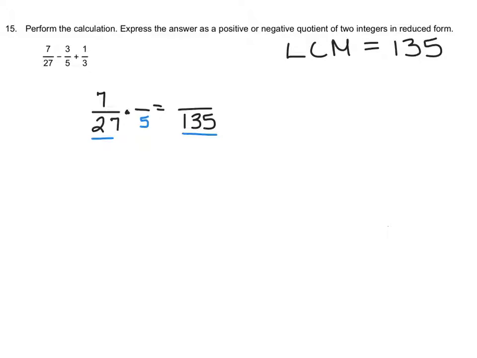So that tells me that I have to multiply the top and bottom by 5. So 7 times 5 is 35. So my first fraction will change from 7 over 27 to 35 over 135.